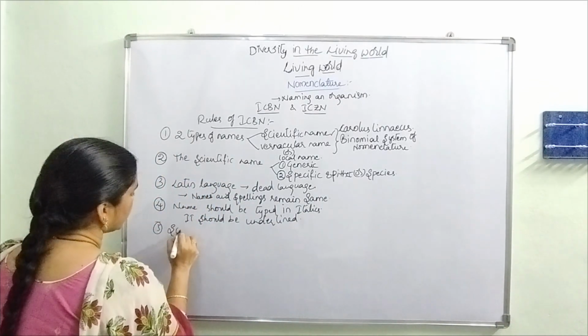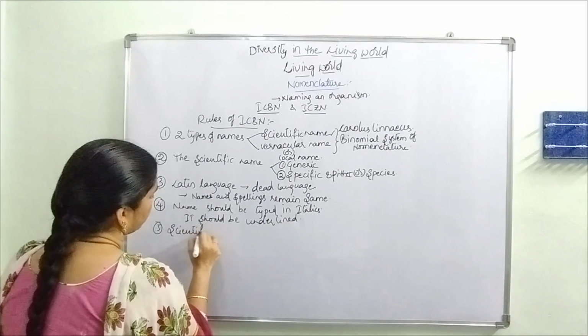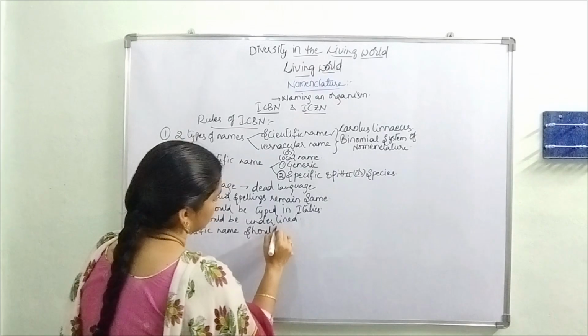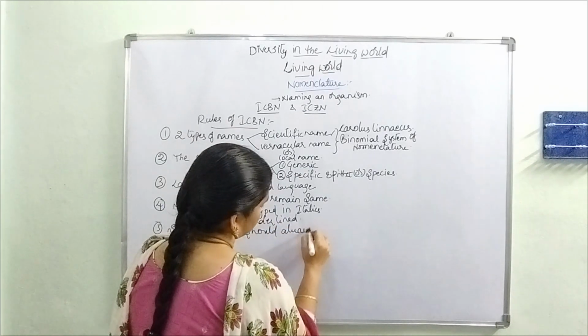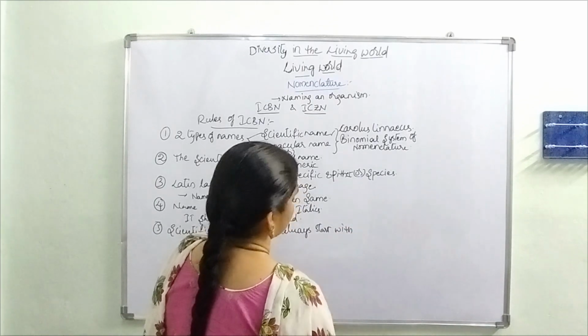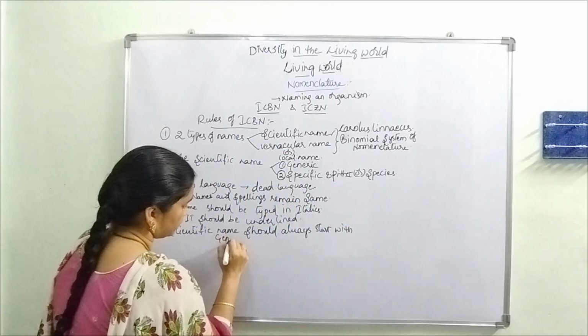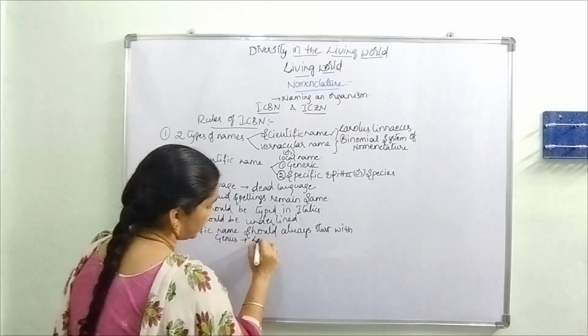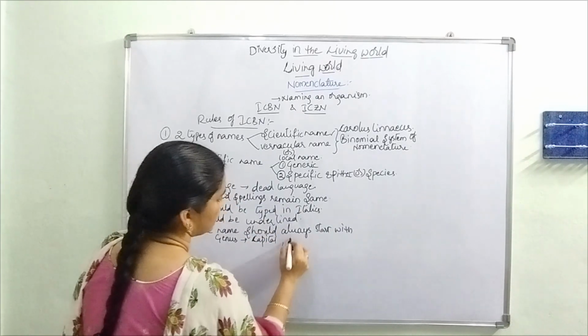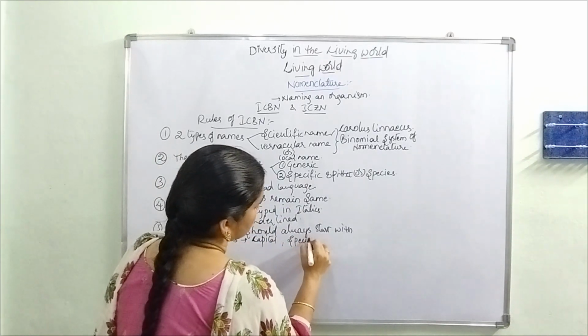The scientific name should always start with the genus with a capital letter and the species with a small letter.